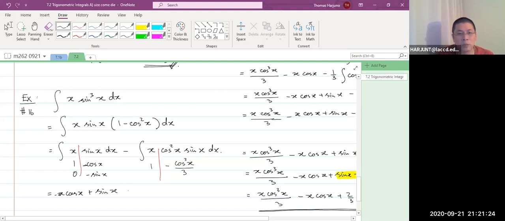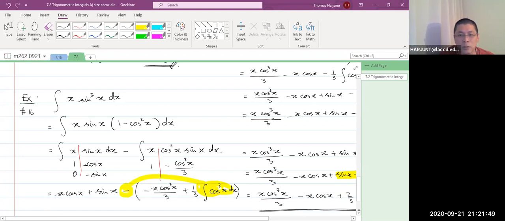So this is minus negative x cosine cube x over 3 plus 1/3 integral of cosine cube x dx. But yeah, I still have the same trouble here.